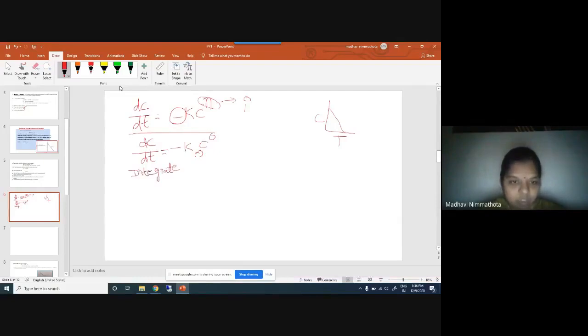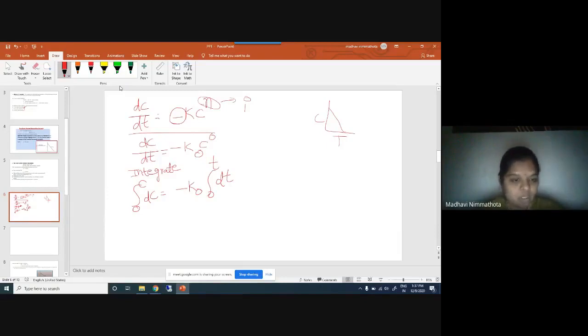When you integrate the above equation, it will be integration from 0 to C of dC equals minus k0 integration from 0 to t of dt. These two terms represent zero order. When you integrate, you get integration from 0 to C and here 0 to t. This k0 is a constant, so it always stays outside the integration symbol.